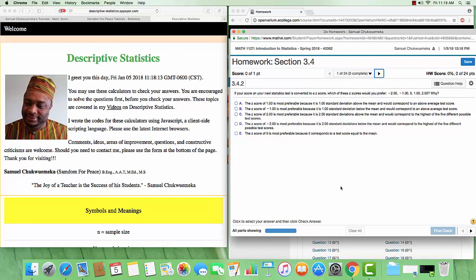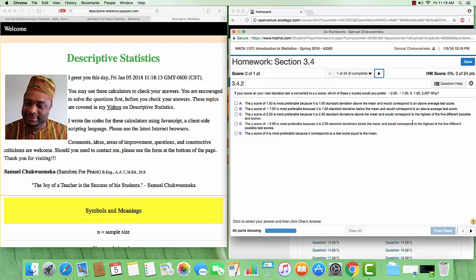If your score on your next statistics test is converted to a z-score, which of these z-scores would you prefer? The z-score that you would want to prefer is the highest one, z equal to 2.00. When we talked about z-scores, we said it can be used to compare scores on the same scale or even scores on different scales.